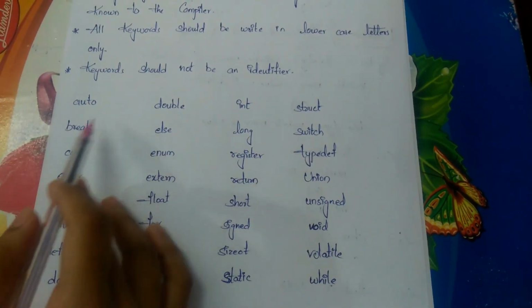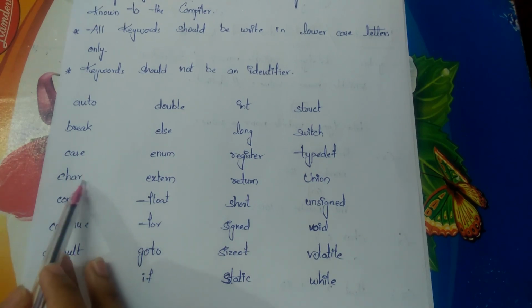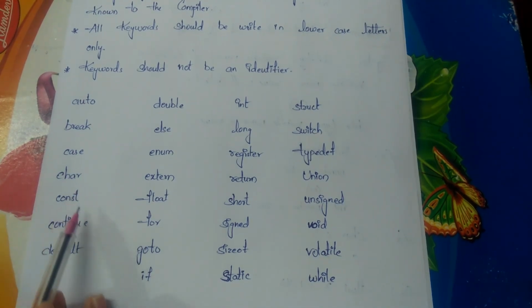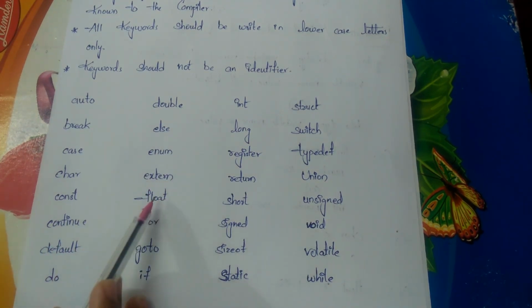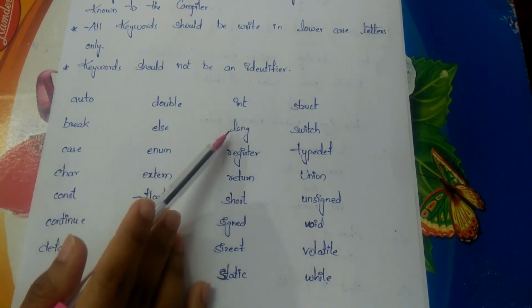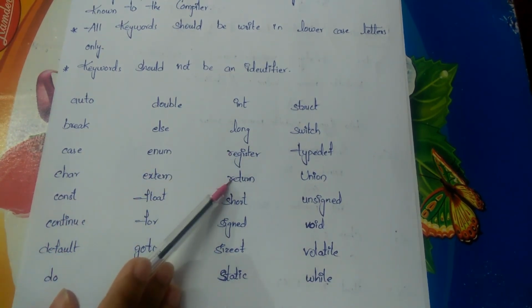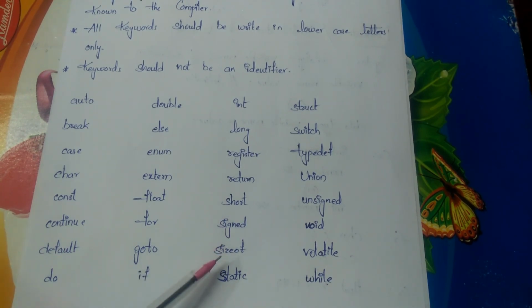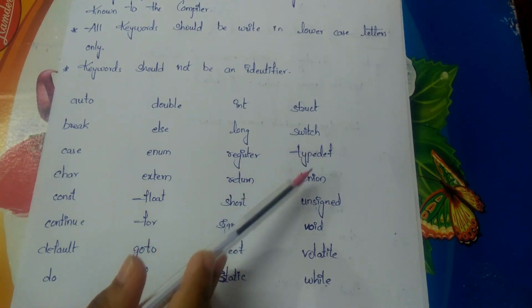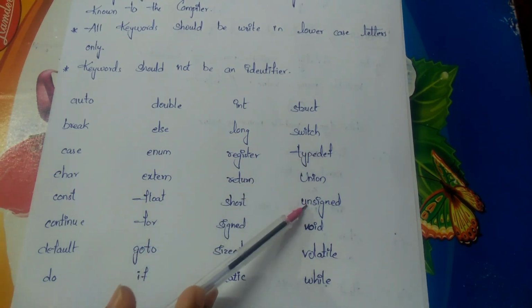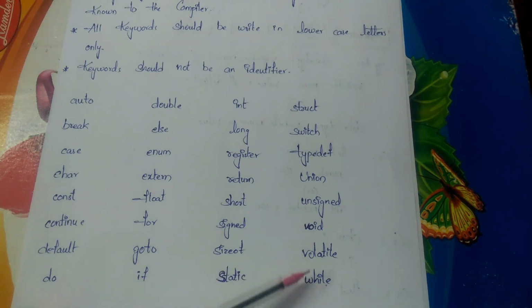Auto, break, case, char, const, continue, default, do, double, else, enum, extern, float, for, goto, if, int, long, register, return, short, signed, sizeof, static, struct, switch, typedef, union, unsigned, void, volatile, and while.